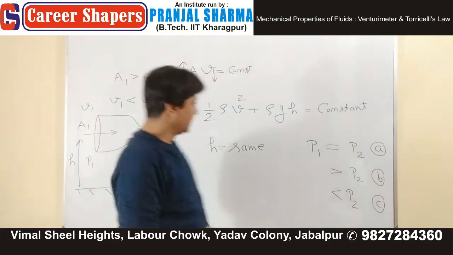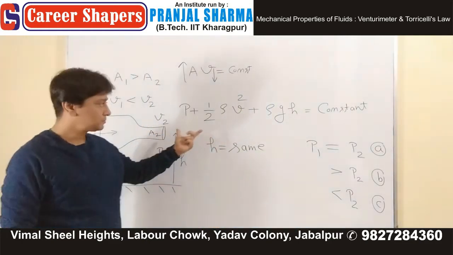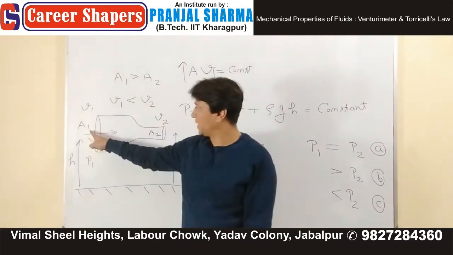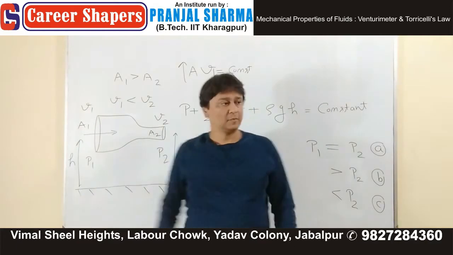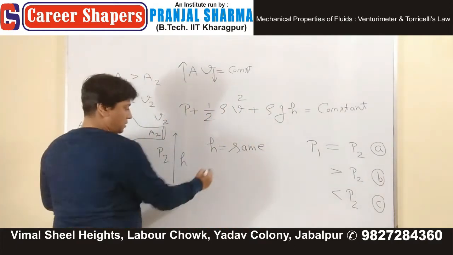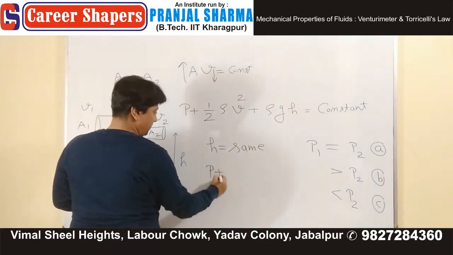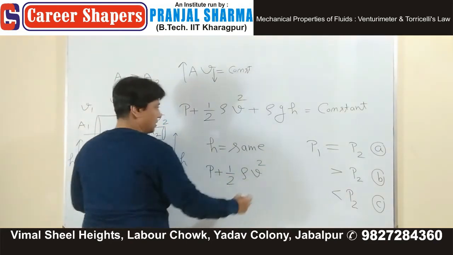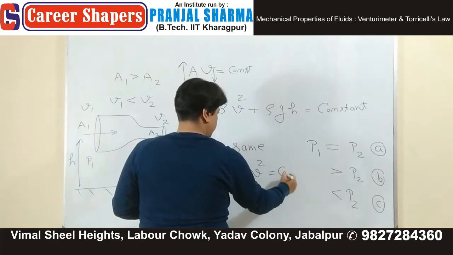Now let's take help from Bernoulli. If H is same for both places, then you're basically saying that P plus half rho V square is a constant.